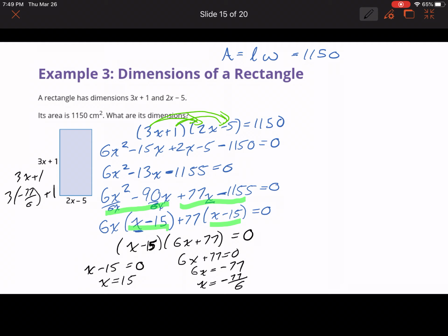Again, we can cross that out, make it a 1, cross this out, make it a 2. Negative 77 over 2 plus 2 over 2, anything over itself is a 1. We end up with negative 75 over 2 meters. Does that make sense to have a negative meter on a length? It does not. So we need to reject this one.